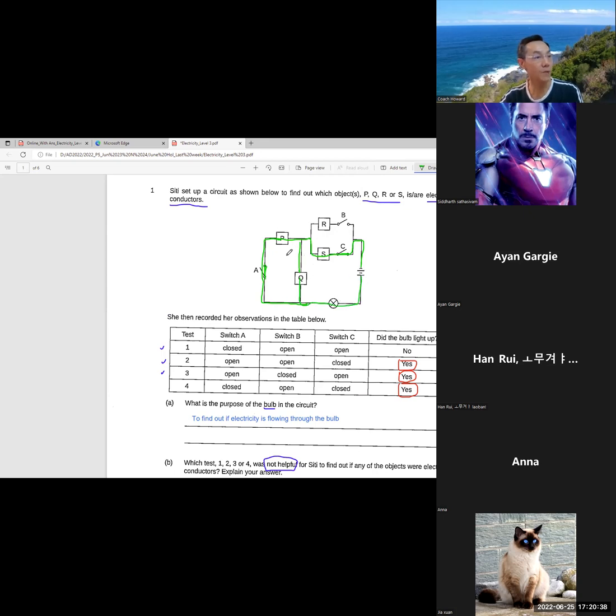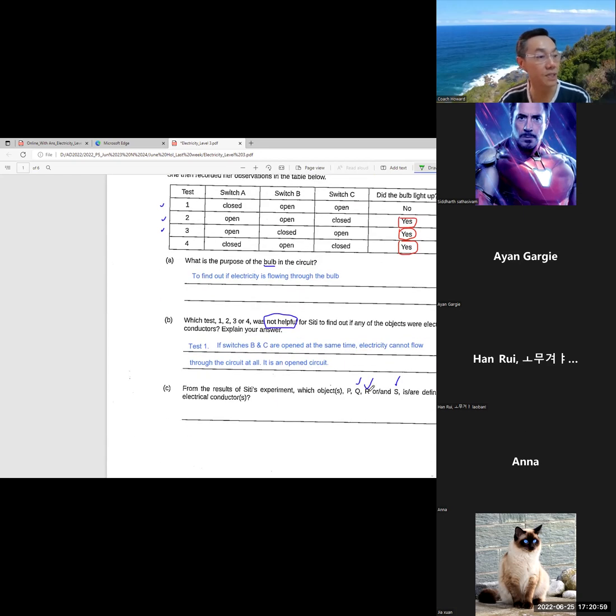But for P, we do not know, because this one is closed. If P is an electrical insulator, the current can also go to Q. So P is unknown. The 3 confirmed ones are only these 3.